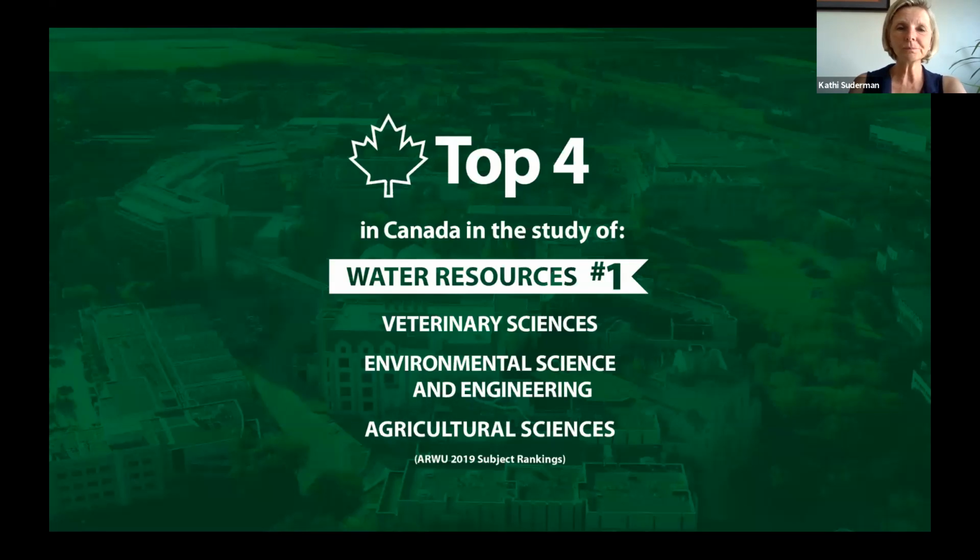We are guided by our university plan, which is the university that the world needs, working together across disciplines and with our communities to find creative solutions to the most pressing global challenges. We are ranked by the ARWU rankings last year, top 4 in Canada in these areas, and the top in Canada in the area of water resources.